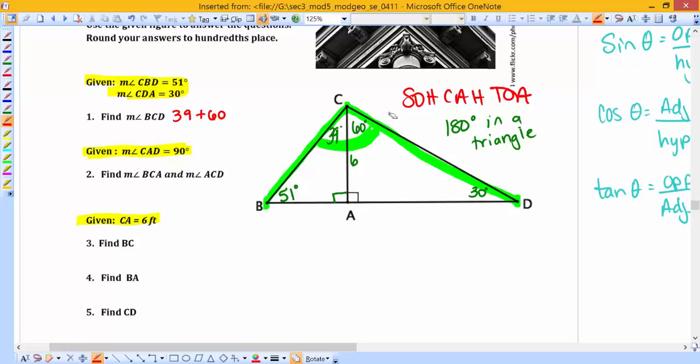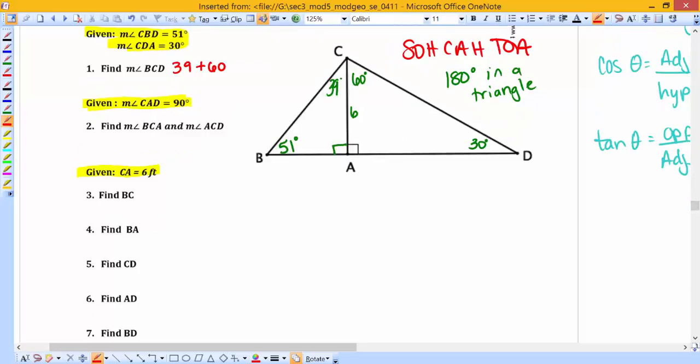So use multiple colors if you need to. Maybe a colored pencil. I should have said this before, I wouldn't use a highlighter because it's going to get very sloppy, or colored crayons or something. I would stay away from the highlighters. It'll get way too messy. So that's how you go through and do 1 and 2.